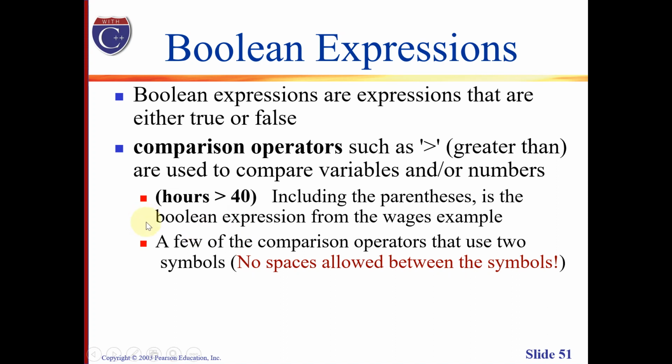And we must also take note that for a few of the comparison operators that use two symbols, no spaces are allowed between the symbols. Here's an example. This is a Boolean expression which would be used to determine if a value is greater than or equal to another value.